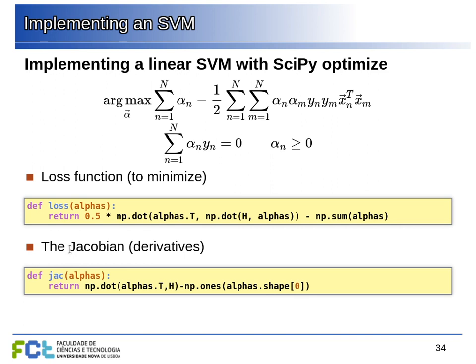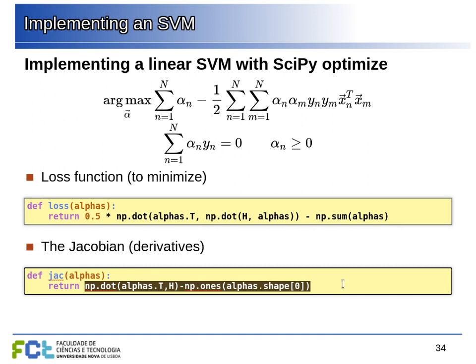This is the vector of derivatives with respect to alphas that we are going to compute to improve convergence in this case. Usually these optimization methods work best if you can give an expression for the derivatives at each point.